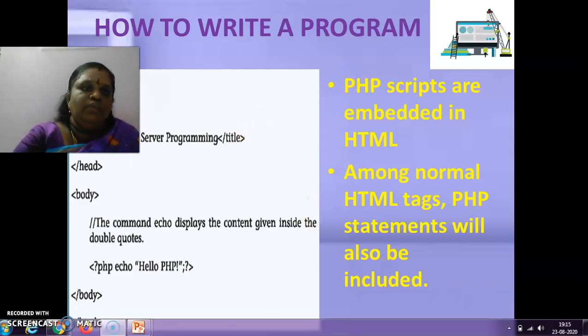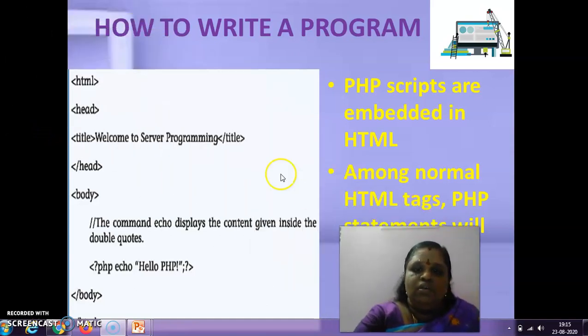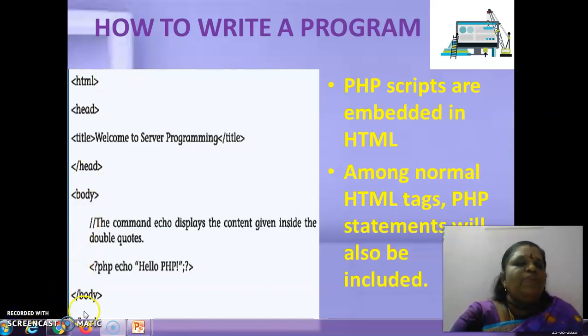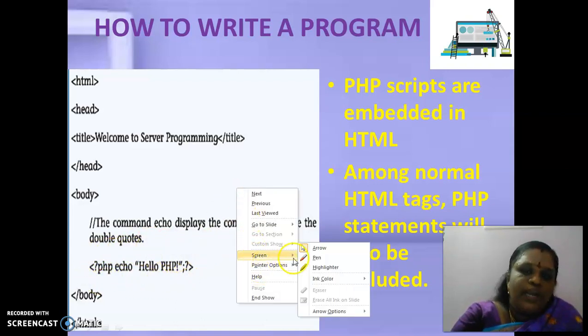Can you see? Within the HTML program, they have written the HTML program. This is the starting and ending tag of the HTML, head, body. Inside the body there is a script. This is called the PHP pointer option.